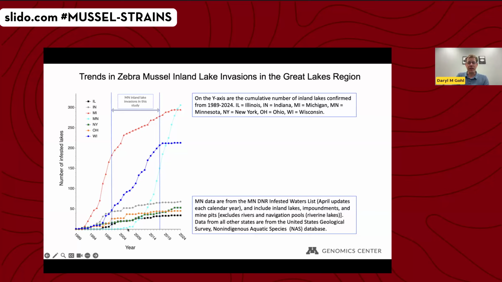Our infestation kicked off later than some of these other states. It's in a period of rapid expansion, and this curve is continuing to rise dramatically. The period we're looking at is from the very start of the invasion through this period of initial rapid expansion into the state.